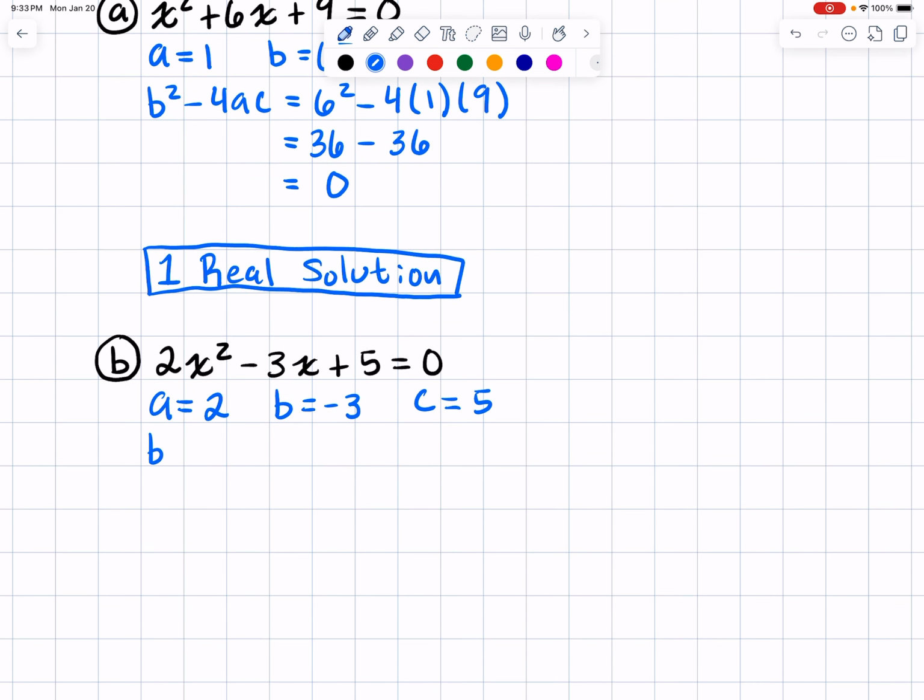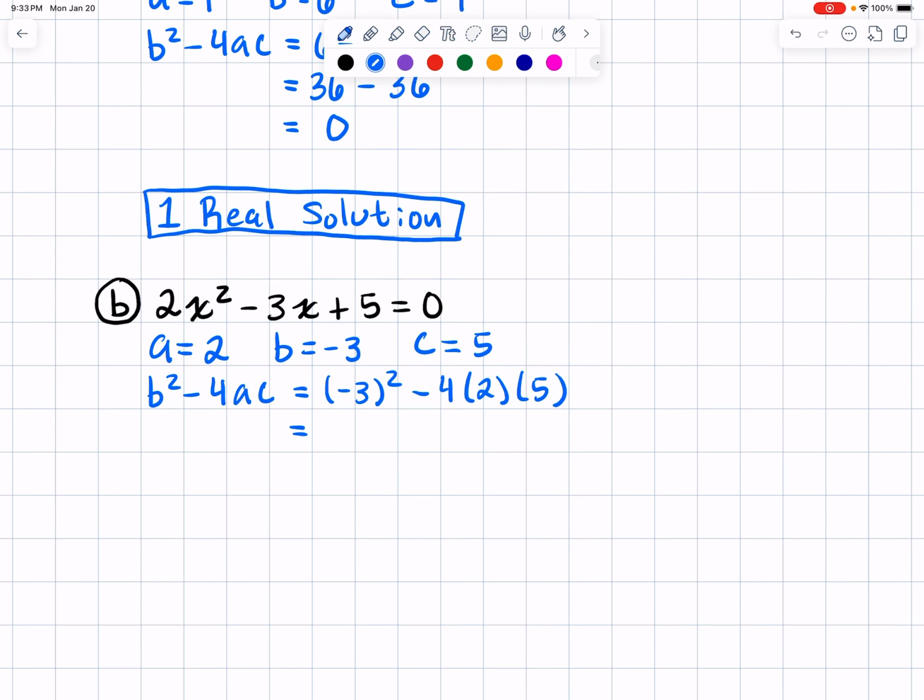So we have b squared minus 4ac. B is -3, so we have -3 squared minus 4 times 2 times 5. So -3 squared is 9 minus 4 times 2 times 5, if you put that in your calculator, is 40. So 9 minus 40 is -31.